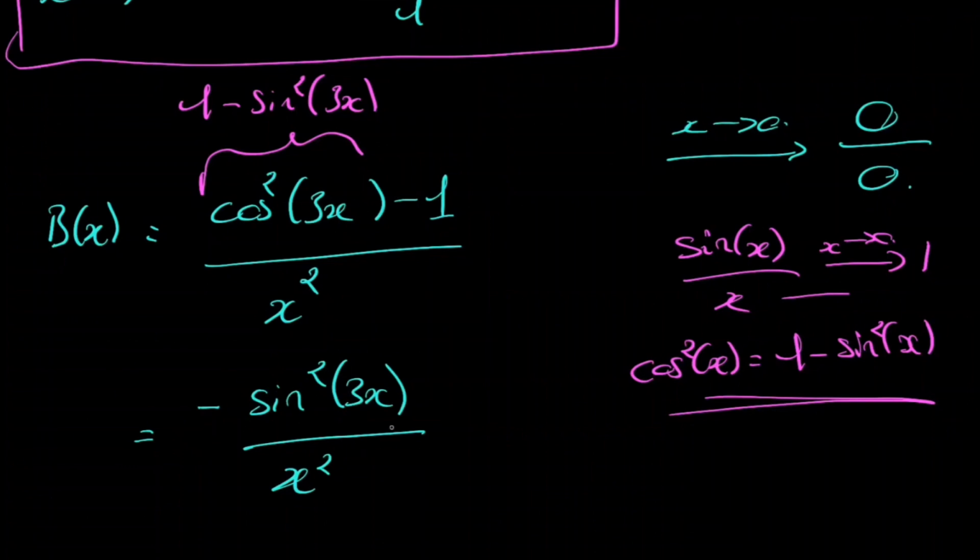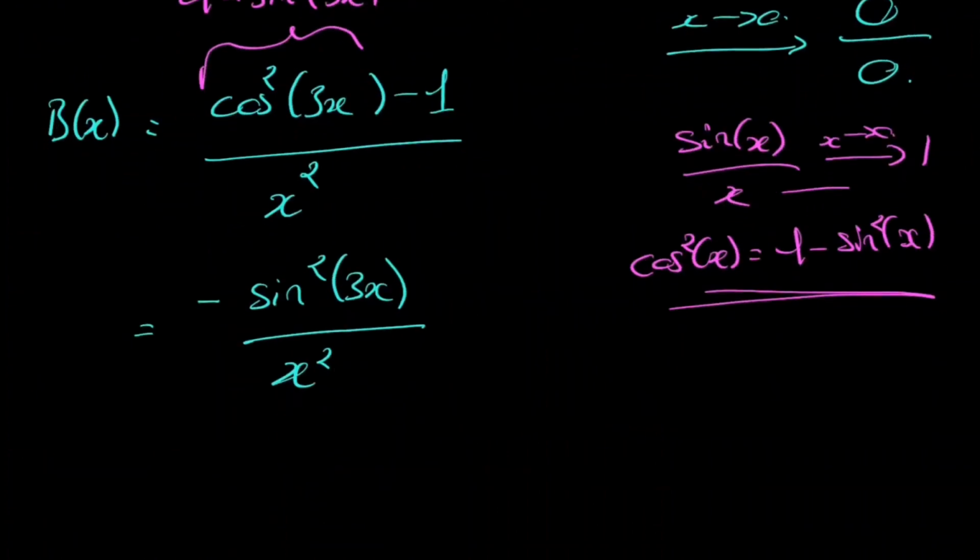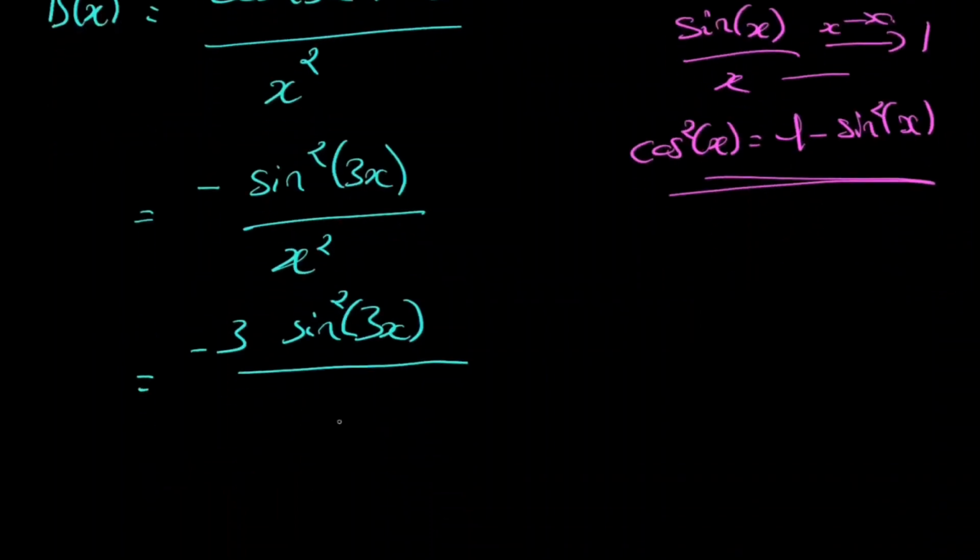But we do not know the limit of that, because let's remember that we need to have the same thing in the sinus and in the denominator. So we will multiply by 3 on the top and at the bottom. So 3 sinus of 3x squared over 3x squared.